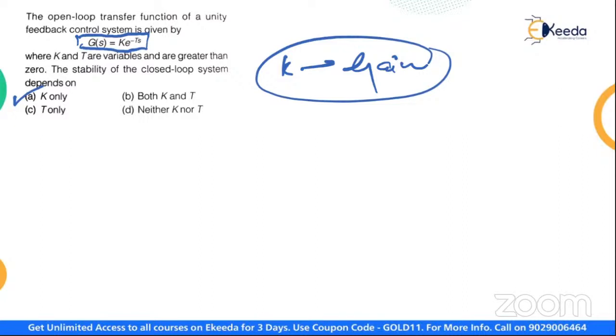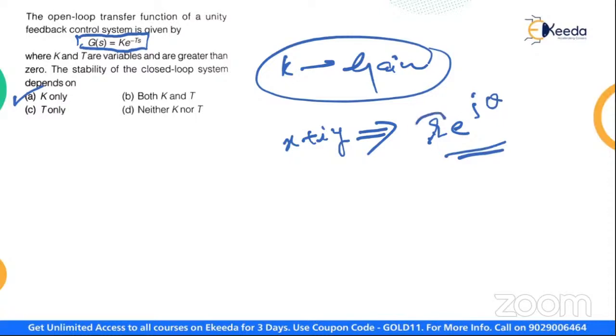For example, if you think of some complex number x plus iy, that is also written as r into e to the power j theta in exponential form, correct or not? Yes. Wherein this r is nothing but magnitude, or not? Yes. This magnitude is here nothing but K, which is nothing but gain.